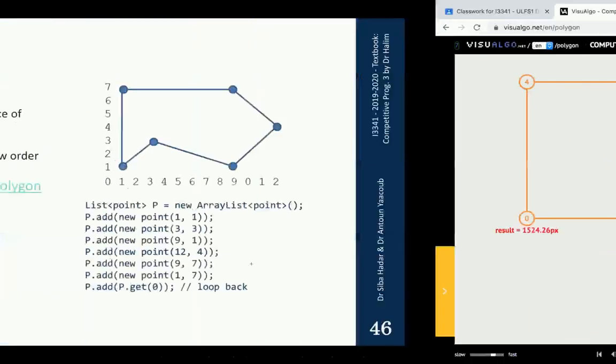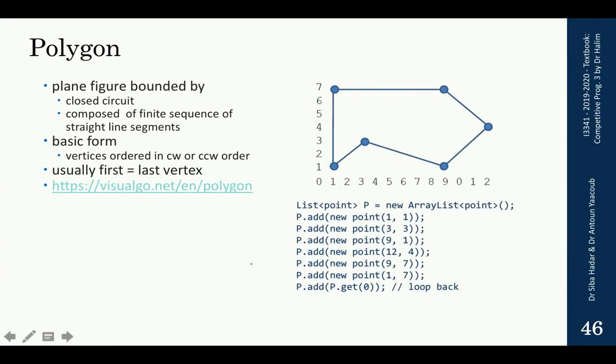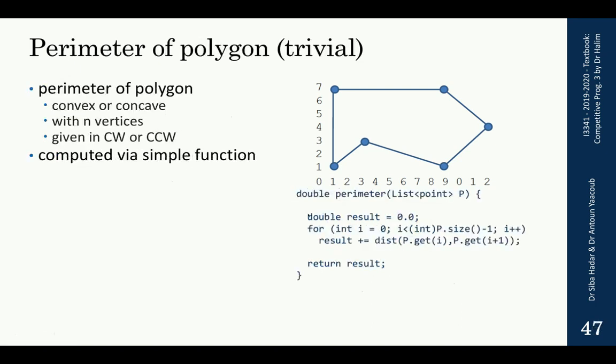Okay, so back to our lecture. This is the link to the set of polygon animations of the topics discussed here. We continue with part 2, chapter 7, and we begin with the trivial perimeter calculation.